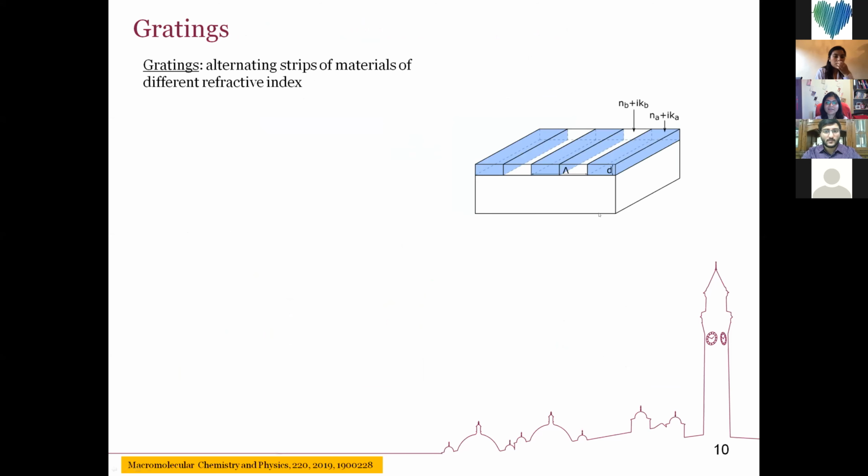So gratings, the basic principle is they consist of strips of alternating materials. And when we shine light on such a structure, it diffracts light. So we can measure the ratio of intensity in a diffracted order to the intensity of light in the 0 order.